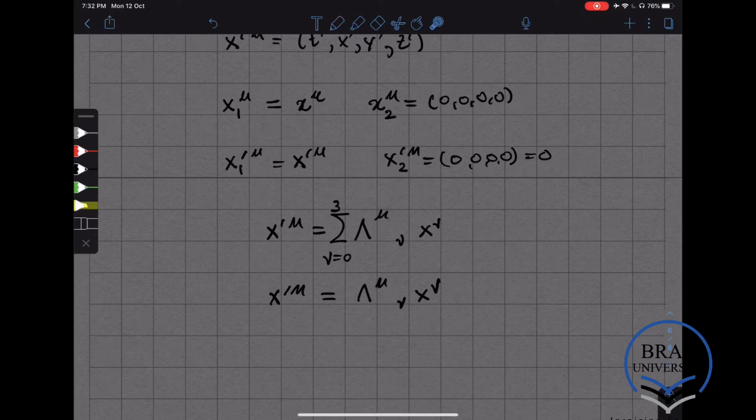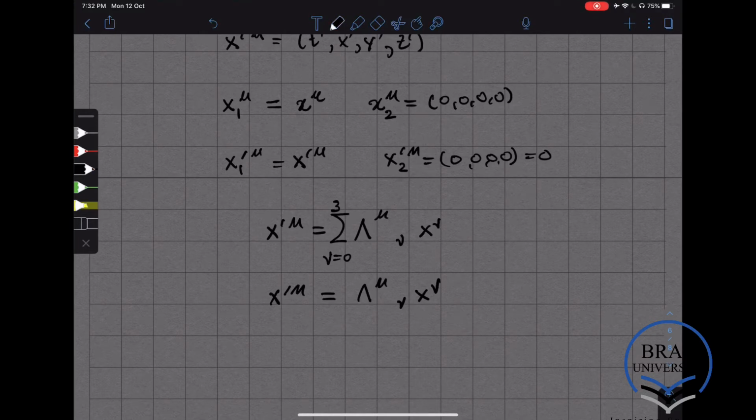Because there is a repeated index, we assume that it is summed over. And of course, there is no nu on the left-hand side because it's summed over on the right-hand side. If it was not summed over, there would be some sort of nu index on the left-hand side. So this is a linear transformation.